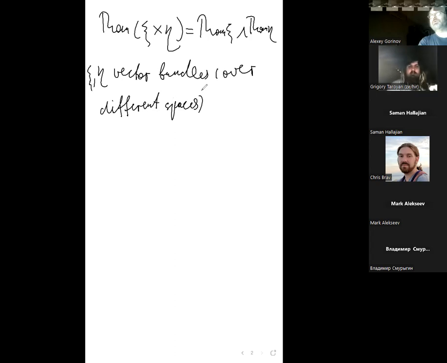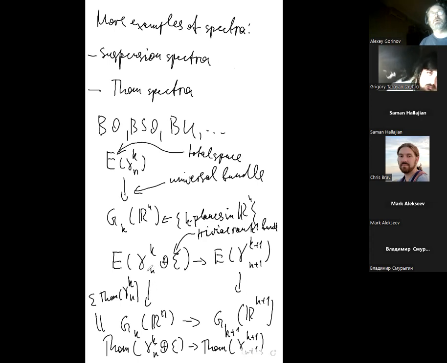Then the formula is: the Thom space of the Cartesian product, not the direct sum, of the bundles is the smash of the Thom spaces. Now let's look at this formula again. What is the direct sum? The direct sum is the Cartesian product with the trivial rank 1 bundle over a point, and the Thom space of the latter is just a circle, and hence we get this formula.